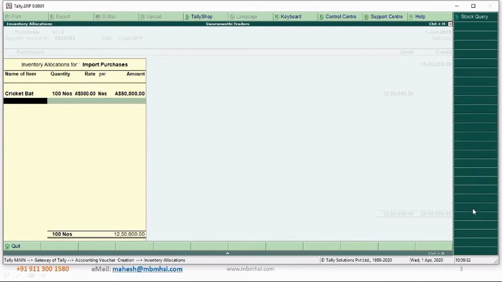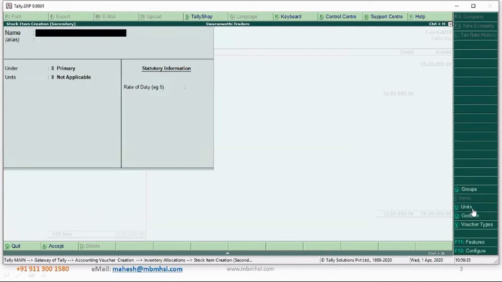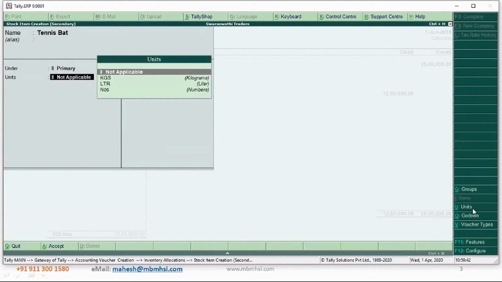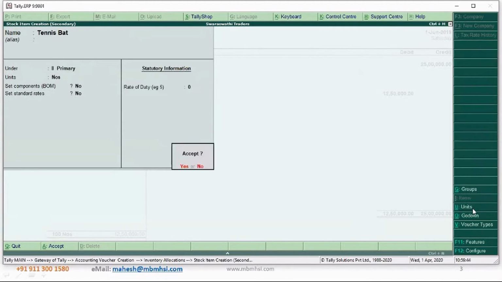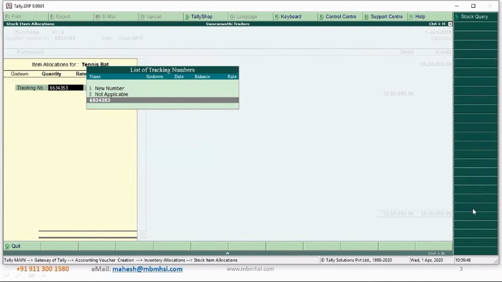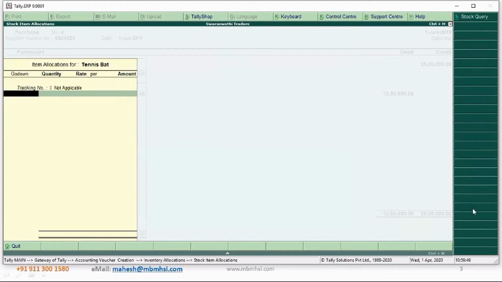Then I'm buying tennis bat. Quantity 100 numbers, Australian dollar 300.